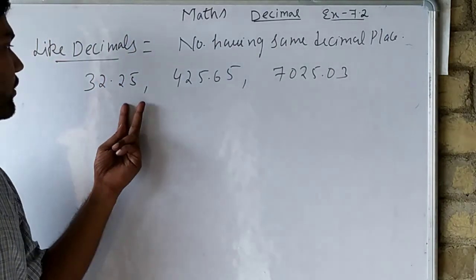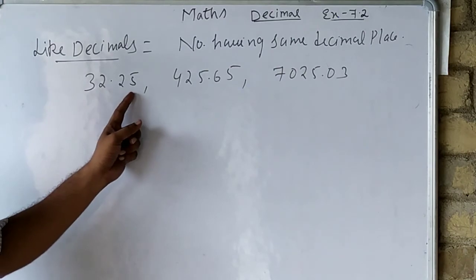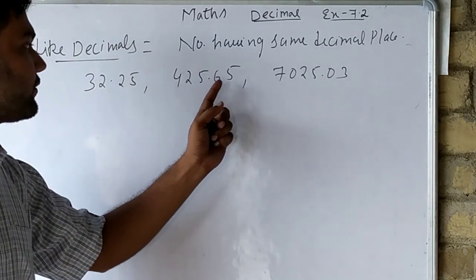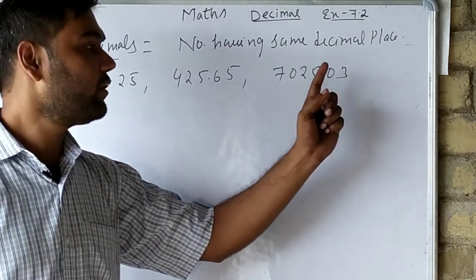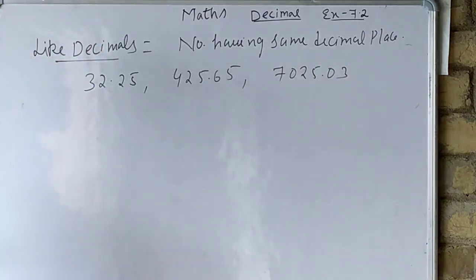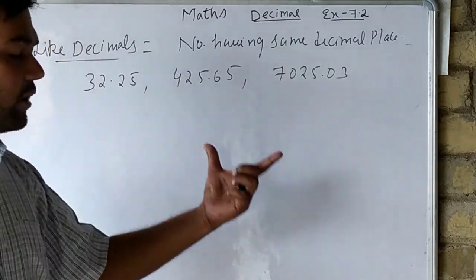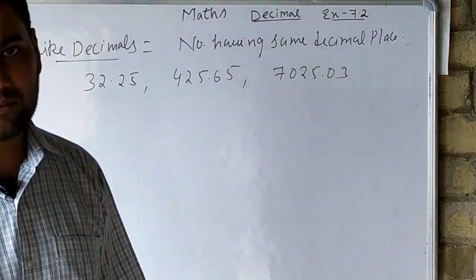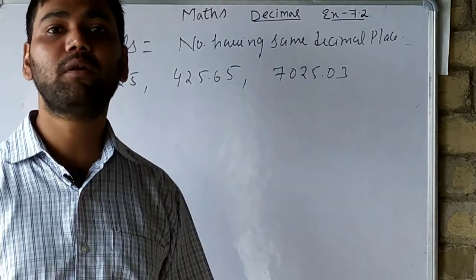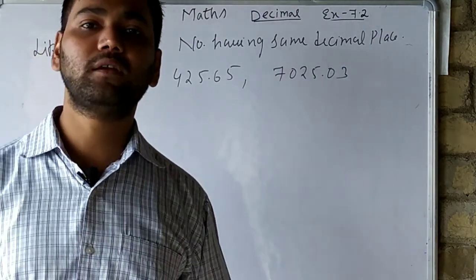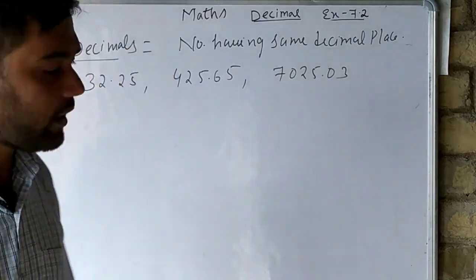Here we have two decimal places: 0.25, 0.65, and 0.03. So when the decimal places are the same, we say the decimals are like decimals, and if their decimal places are different, then we say that the decimals are unlike decimals.